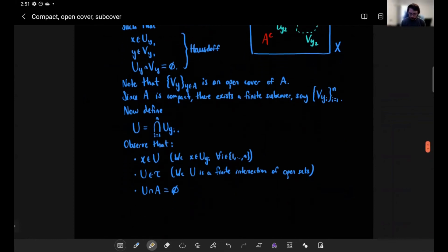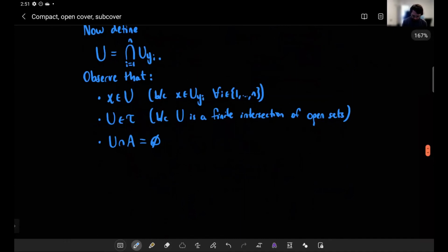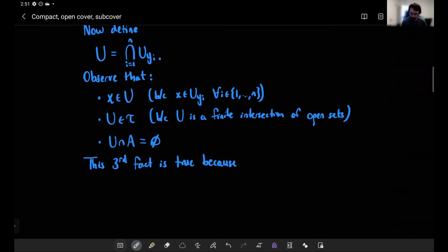Okay. Now, why is that true? Well, you can prove it by contradiction. So what would we have otherwise? Otherwise, we would have, I've already used X and Y, so let's use Z. Otherwise, there would be some point in their intersection. But what does that imply?